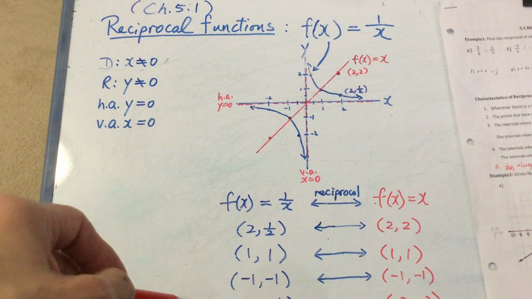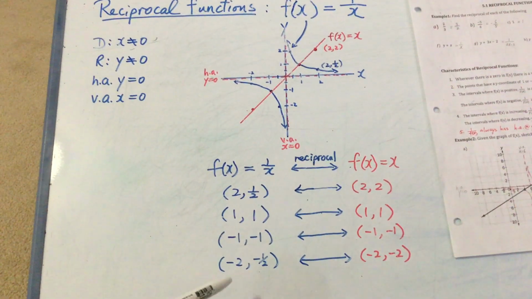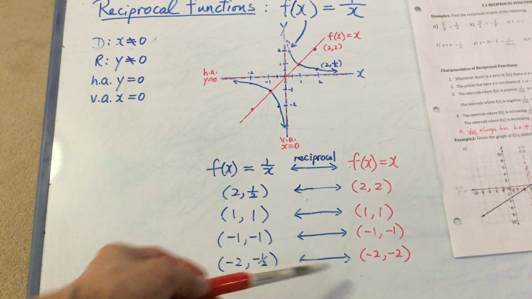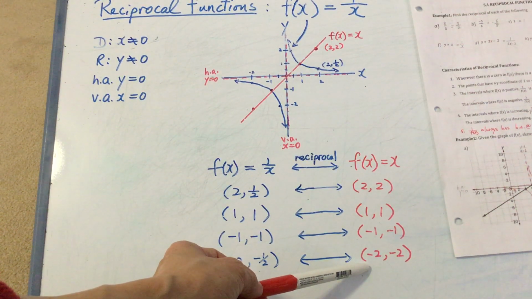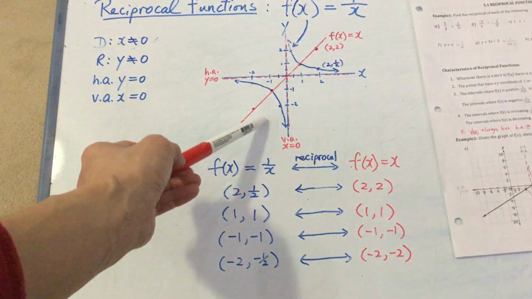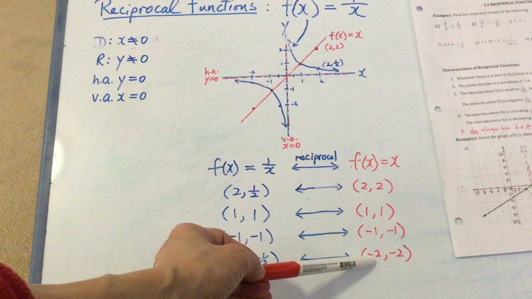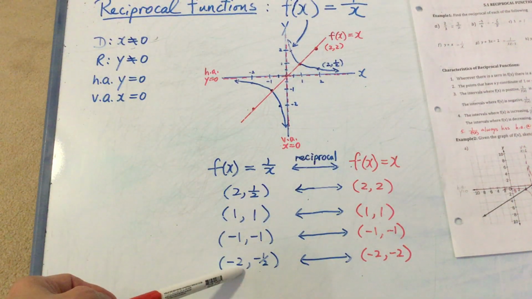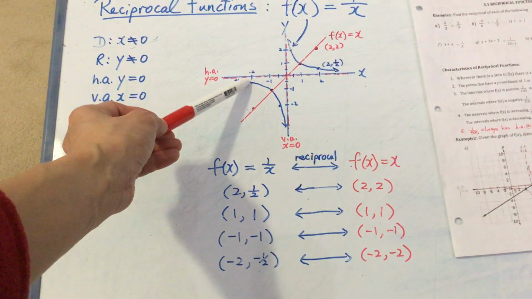Same for -2. For the function y equals x, when you have a point at (-2, -2), the reciprocal of that point will be (-2, -1/2), which is right here.